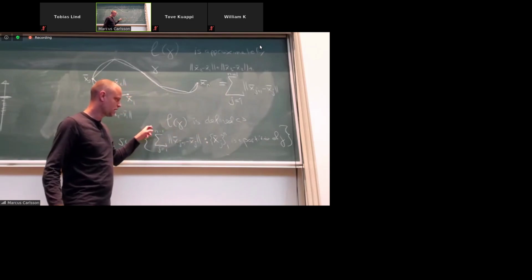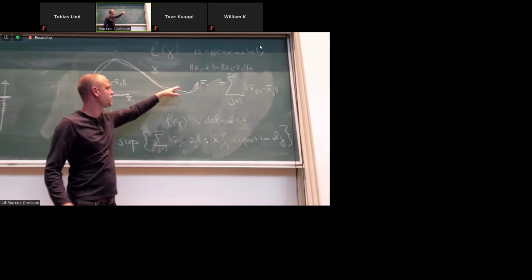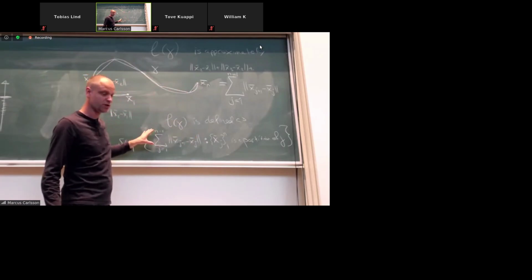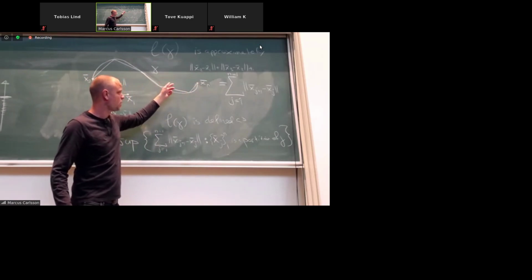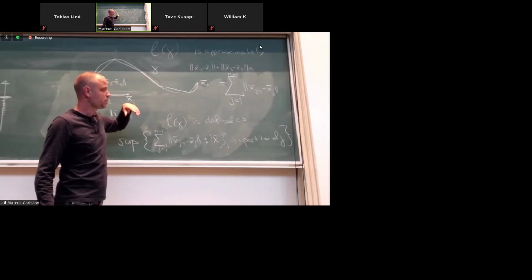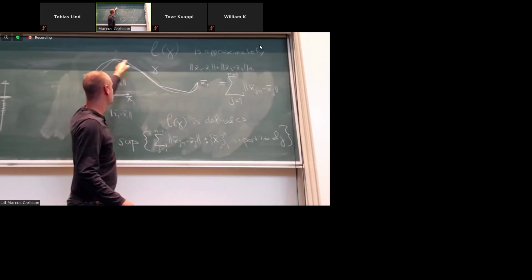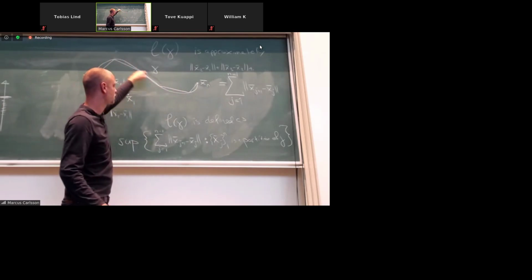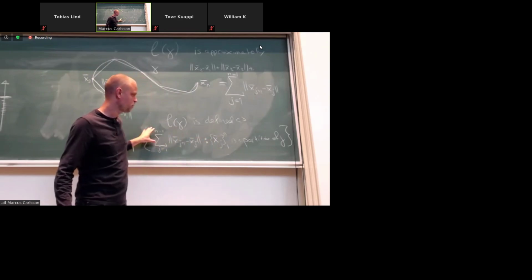What we get here is a number. For every time I cut up my curve like this into finitely many points, I can compute this number. A selection of points, we don't know how many, there can be a different amount every time. It's going to be called a partition, right? So a partition is just take a bunch of points on the curve in some order that you go along the curve. And then for each such partition, you can compute this number.